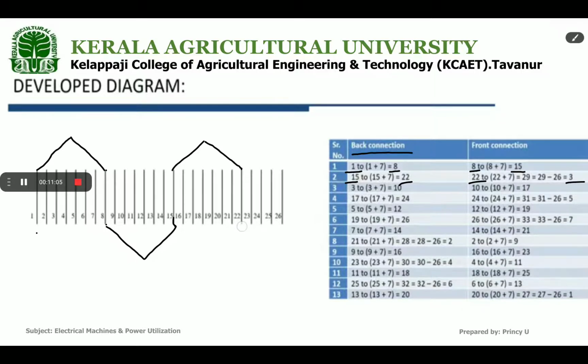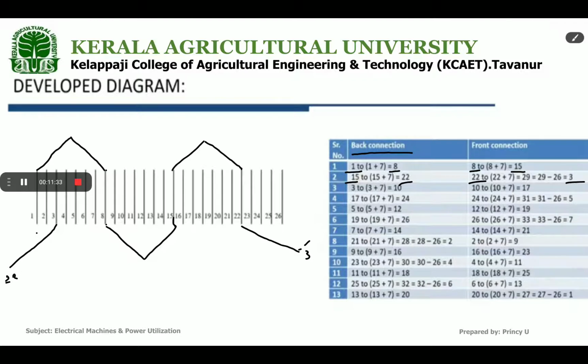It should reach the third conductor. So you should have a connection to the third conductor, and here you should mark it as 22.